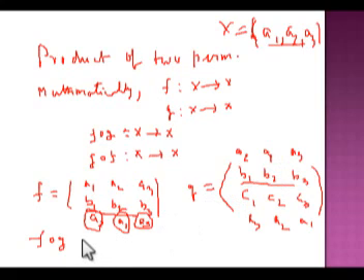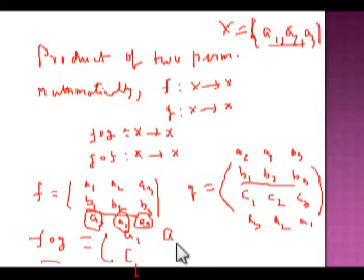So what will happen? If these elements and these elements are equal, then you will get that A1's image, after the product of the two permutations, will be C1, meaning C3.